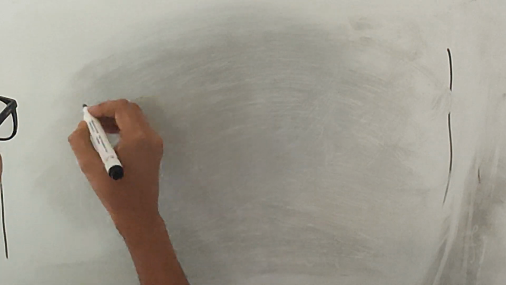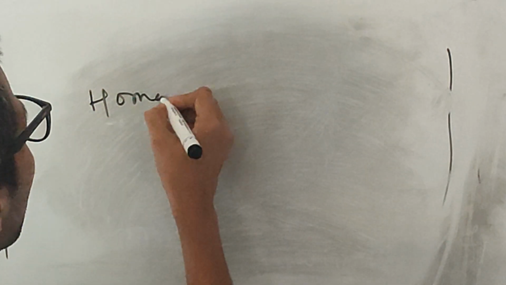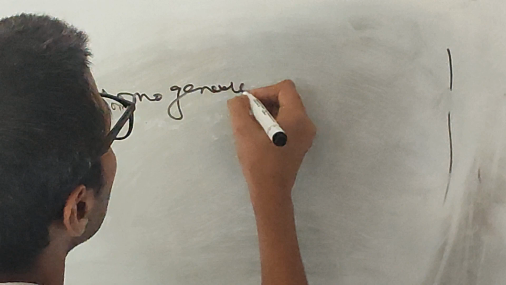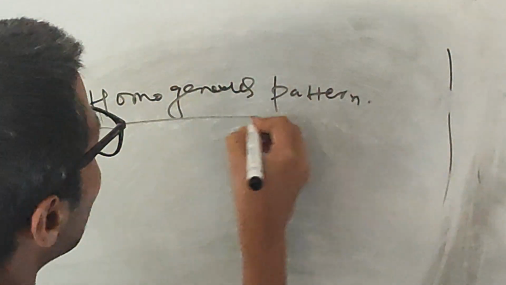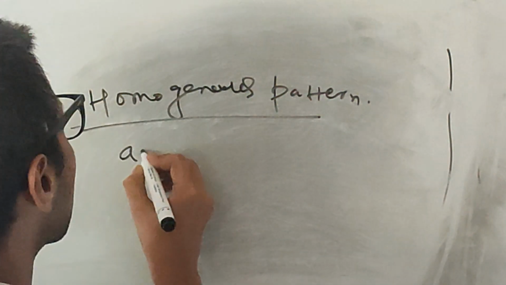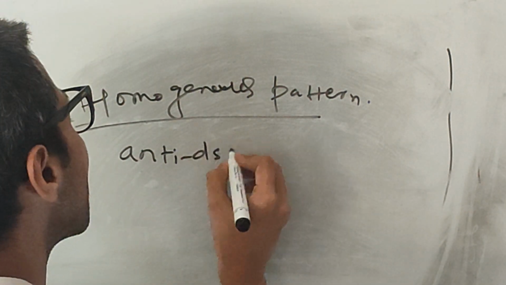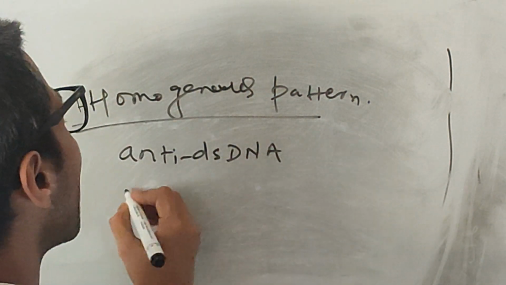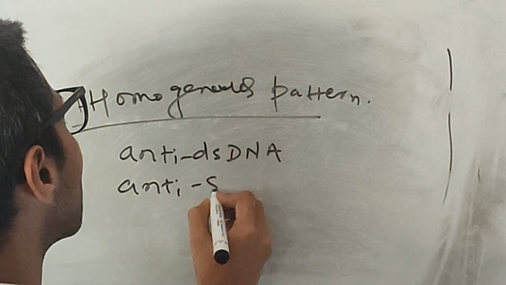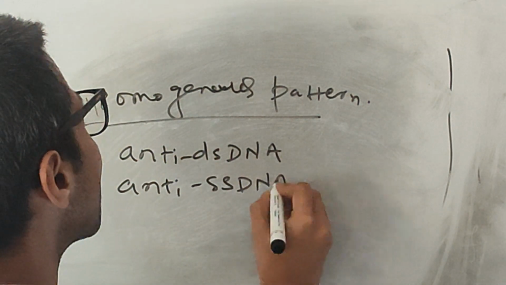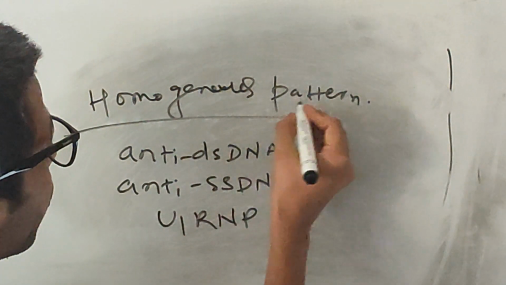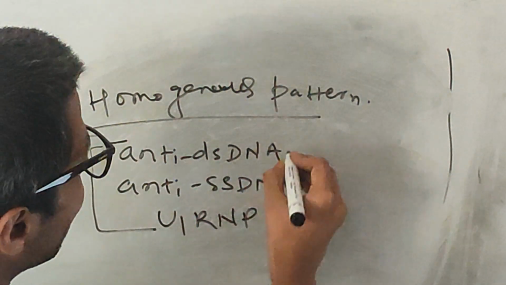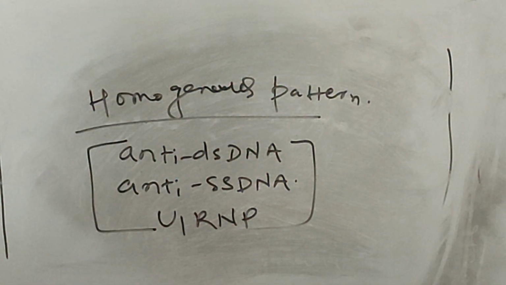Let's suppose you get a homogeneous staining pattern. Then what types of antibody have a homogeneous staining pattern? Anti-dsDNA, anti-single strand DNA, U1RNP. So if you get a homogeneous pattern, you can think these types of antibody may be there.